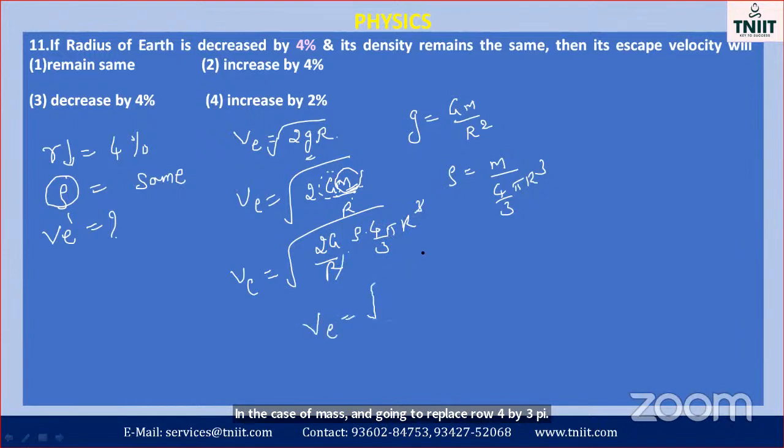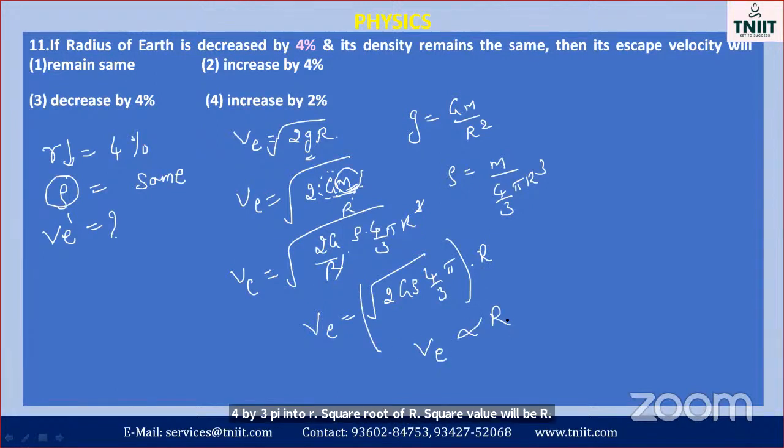So escape velocity will be root of 2 G rho 4 by 3 pi into r squared. Root of r squared is r. So clearly this tells escape velocity is directly proportional to the radius. So if the radius is decreased by 4%, escape velocity is also decreased by how much?